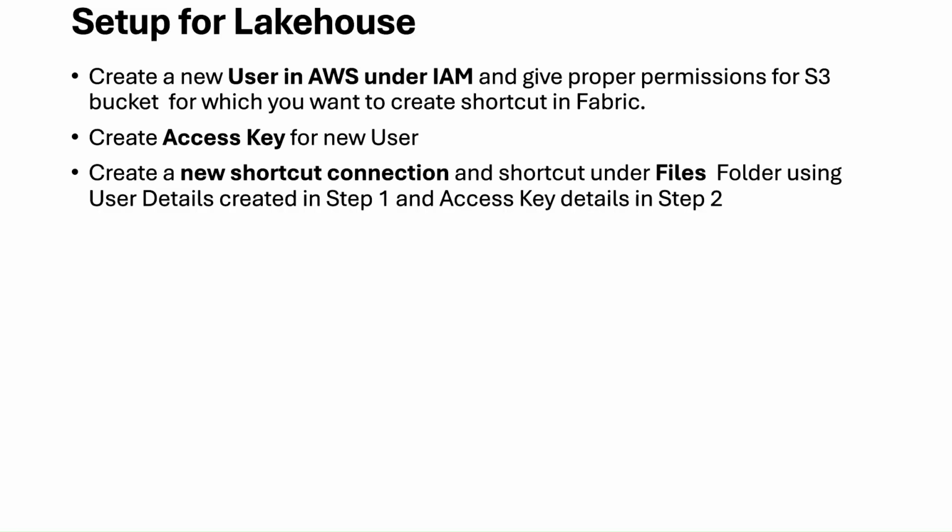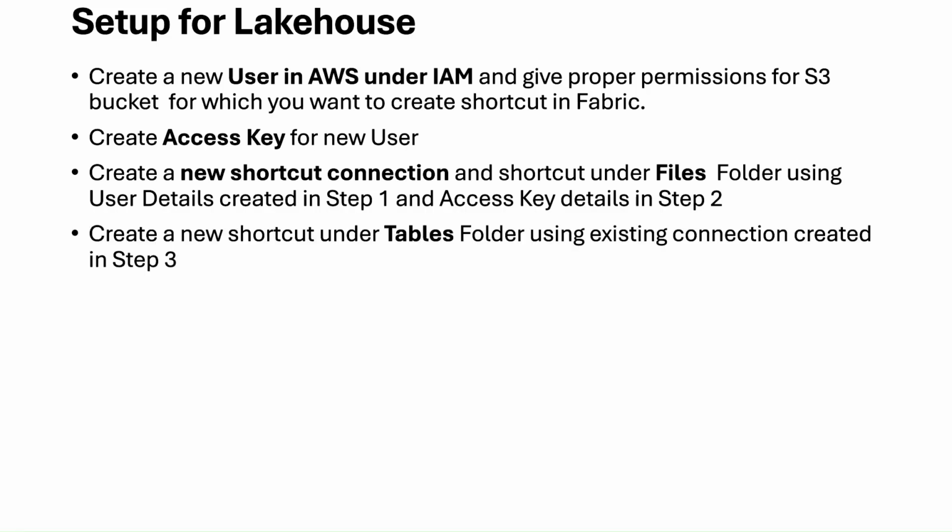So we will create the shortcut connection and shortcut under the Files folder, and then we will create a new shortcut under the Tables folder, but this time we will use the existing connection which we created in step 3. So I repeat, we need to create a new user in AWS because we need permission to access the data on S3. We will create an access key for the new user that will generate an access secret key.